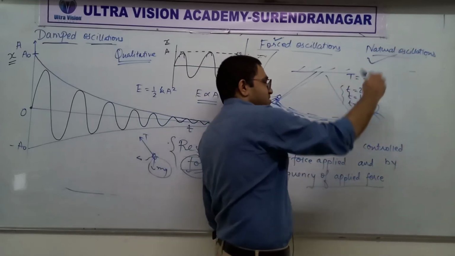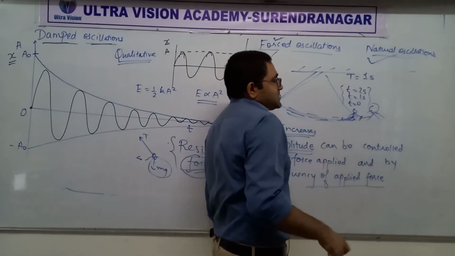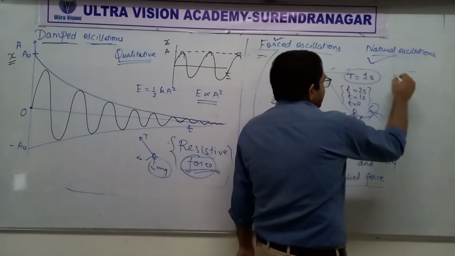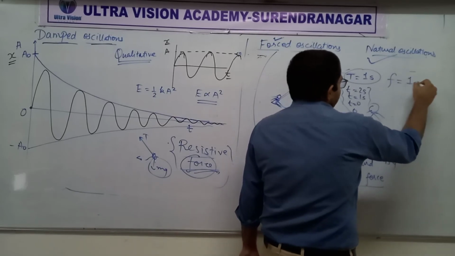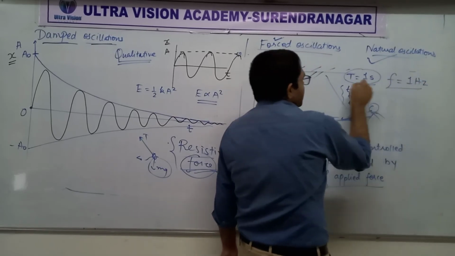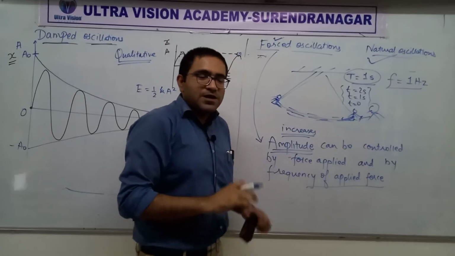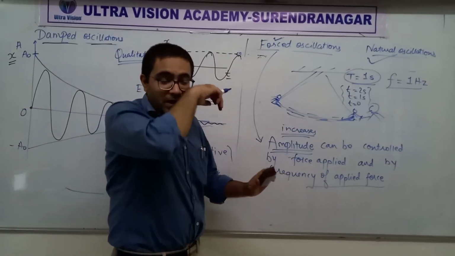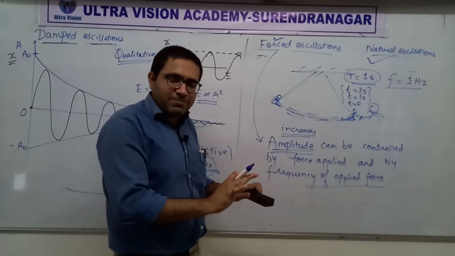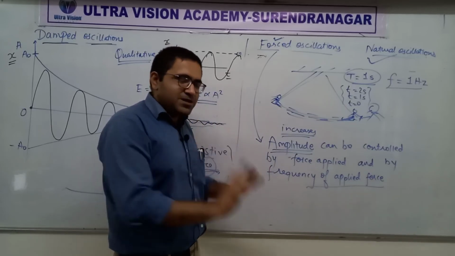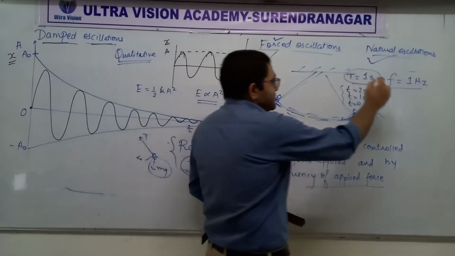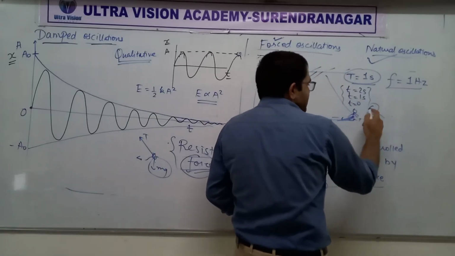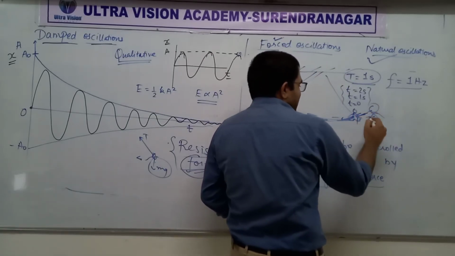So, what you are doing is, you are also applying force at a frequency of 1 Hz or time period of 1 second, because you applied force, okay, then you wait. Then once again after 1 second passes, you apply force. Then you wait for 1 second, you apply force again. So this force that you are applying is also periodic.